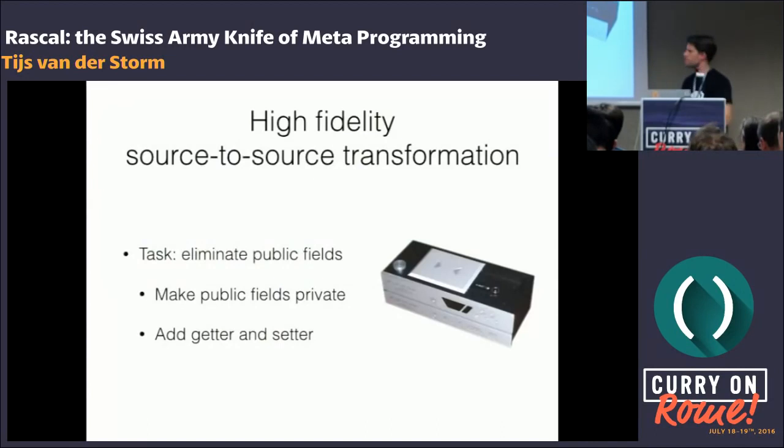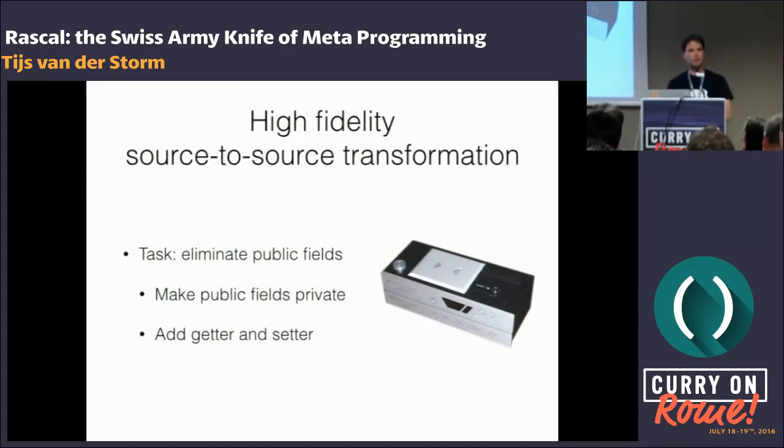Okay, so this was sort of easy, and you could say, well, these false positives of grep, that's good enough for me. Let's make it a little harder. So let's say we're going to do high fidelity source to source transformation, and high fidelity means that we want to preserve as much of the source code layout and shape as possible.